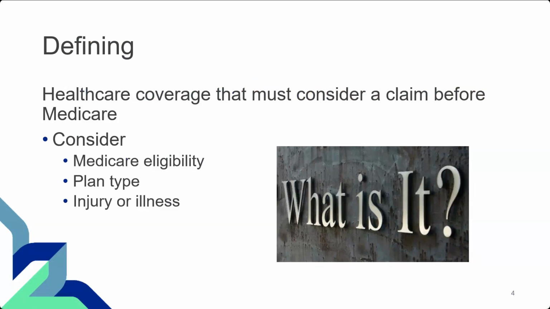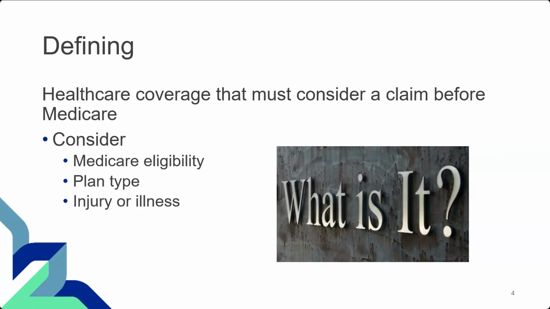So again, let me say this again. MSP equals Medicare Secondary Payer. In other words, there is a primary payer before Medicare will consider the charges. That payer does not have to pay the services. What they have to do is determine whether or not they are going to cover the service.